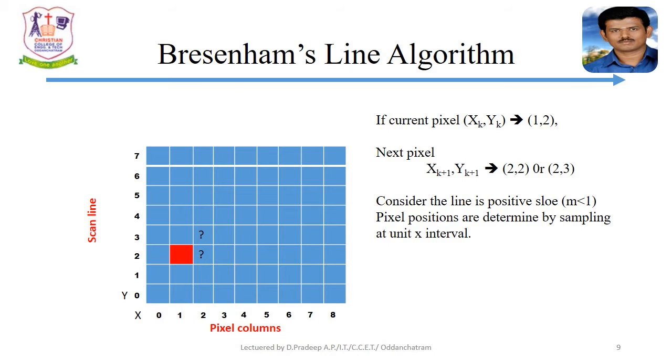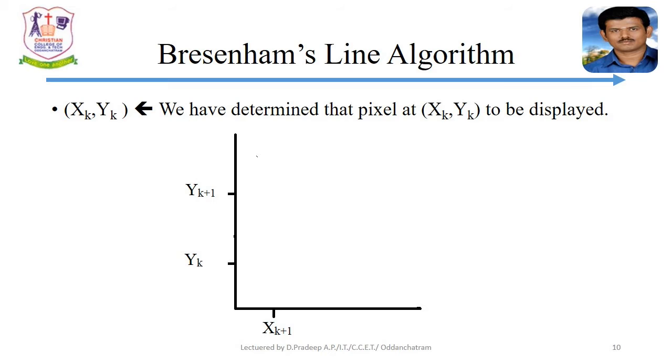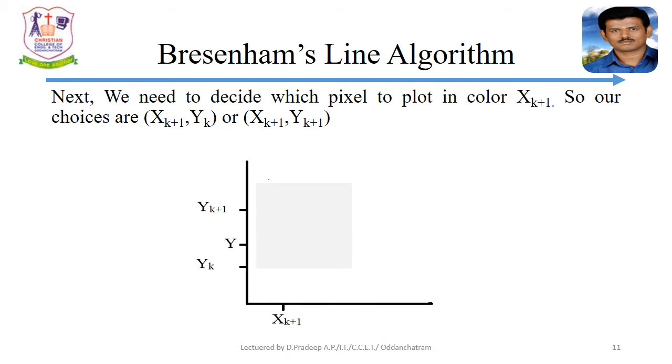Now we have to determine whether the y position is the same, or otherwise we have to move forward one step. If xk, yk is the current position which is displayed right now, the next position may be xk plus 1, yk or xk plus 1, yk plus 1.